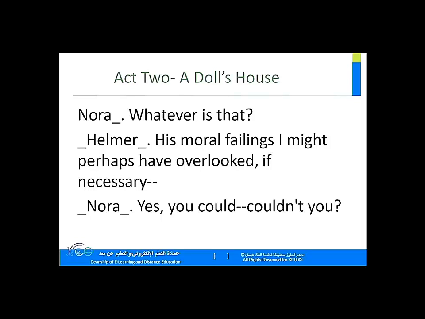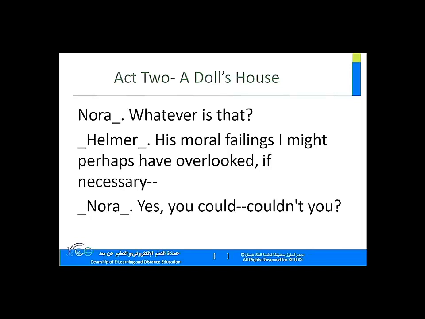Poor Nora is trying hard. She is trying hard to convince him not to dismiss him out of the bank. Nora says: whatever is that? Helmer says: his moral failings I might perhaps have overlooked if necessary.